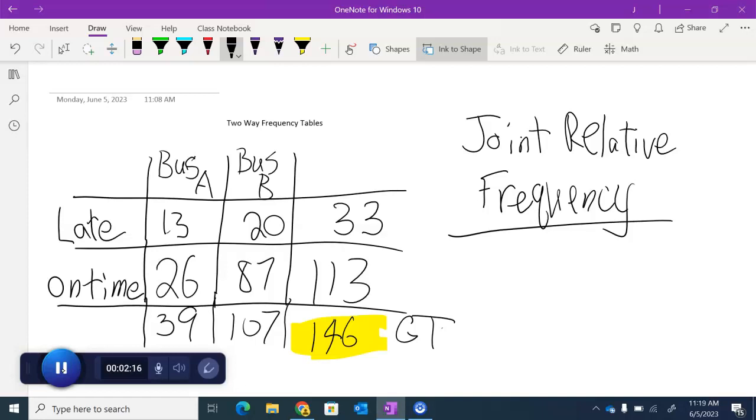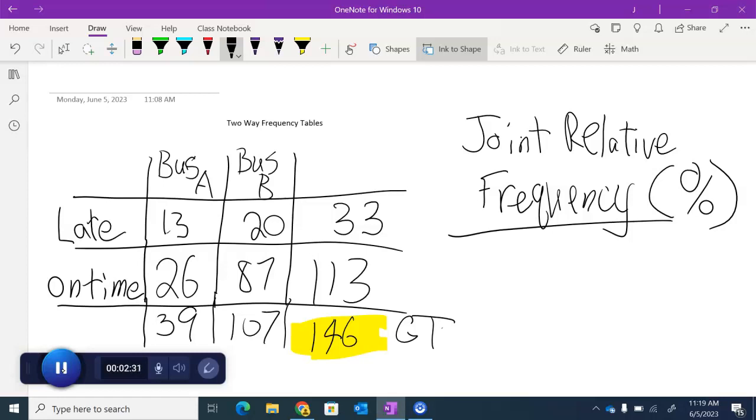Okay, so to figure this out, these numbers, the relative frequencies, are always going to be a percent. All numbers will be represented as a percent.